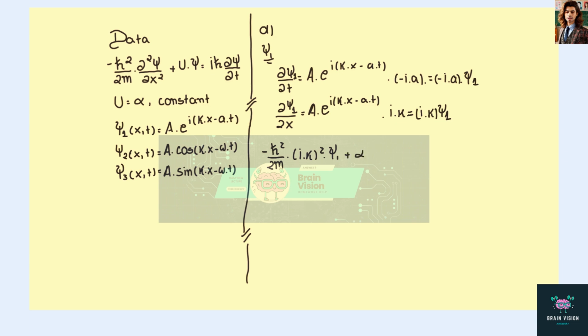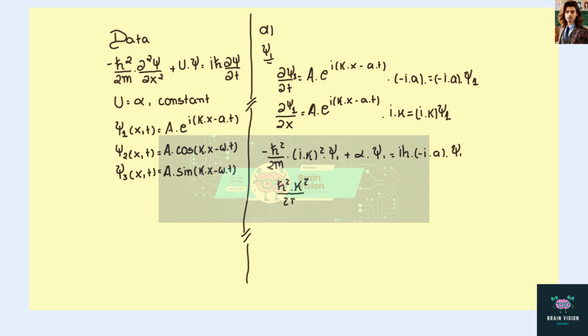alpha, which is the constant value for the potential, times psi 1, and this should be equal to i times h bar times the time derivative of psi 1. Then we have minus i times a times psi 1. Now, we can elaborate this expression: we have minus h bar squared times k squared. Note that we have an i squared here, which gives an extra factor of minus 1, cancelling out this sign.